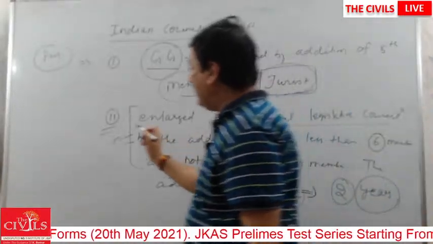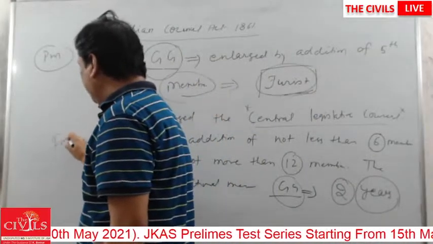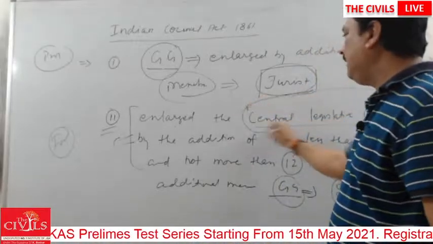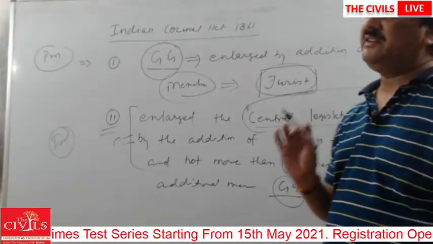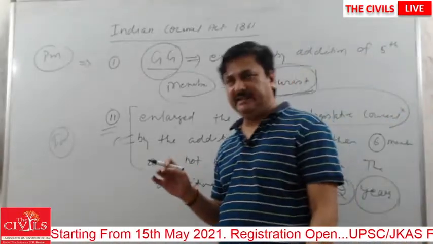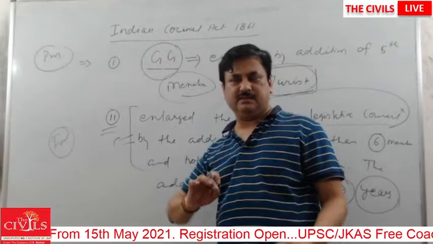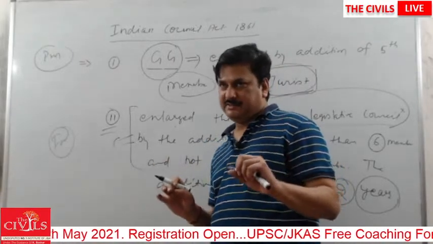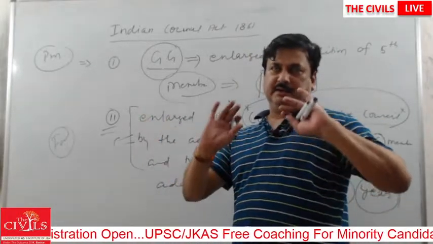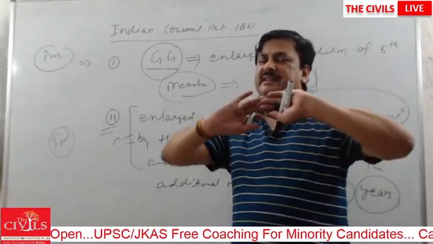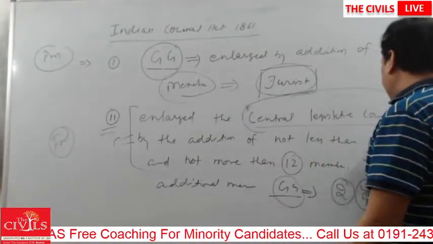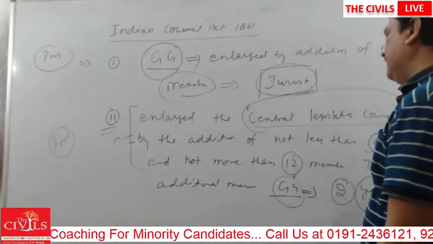Second, for legislation, it also enlarged the Central Legislative Council, which was formed by the Act of 1853 with 12 members. By this act, it was enlarged by not less than 6 and not more than 12 members.